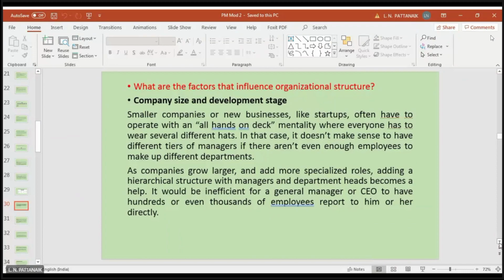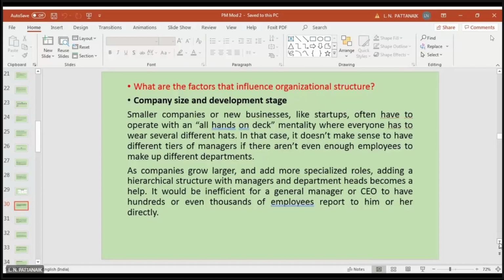If you suddenly change the work structure, the organizational structure, you'll find there is a huge impact on the psyche of the people working there. So it's not that you can adopt any structure which you like. You have to look at which structure is best for you. So what are the factors by which the company decides what kind of structure will work best for them?